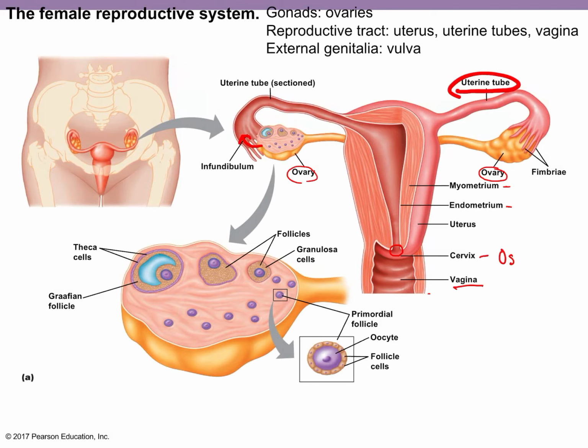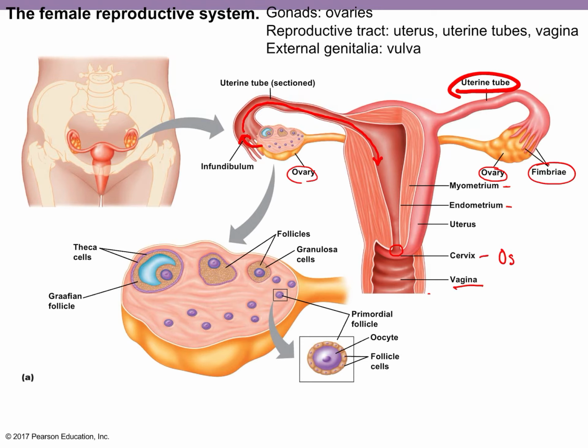The infundibulum has these fimbria. They are finger-like projections on the ends of it, and they help coax the egg into the infundibulum portion of the uterine tube. And then there the egg is going to travel, I should say ovum, and possibly implant into the wall of the uterus if she's pregnant.